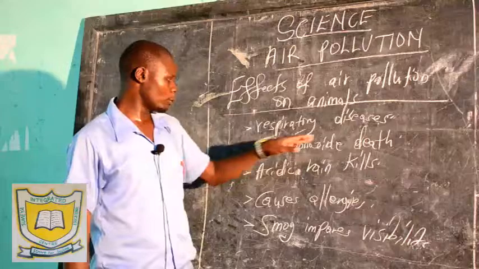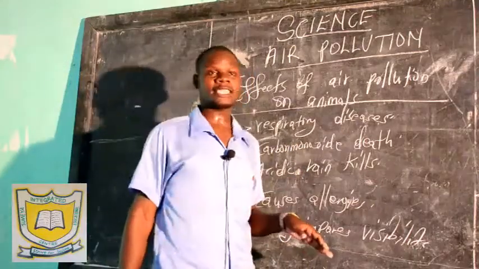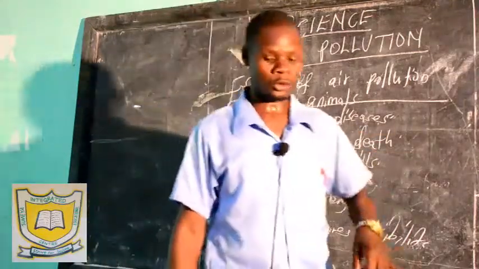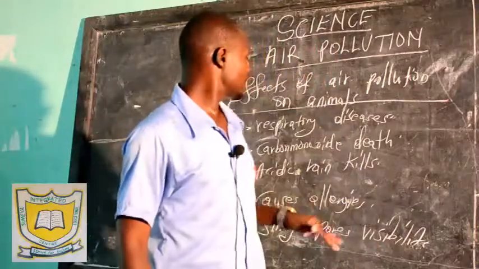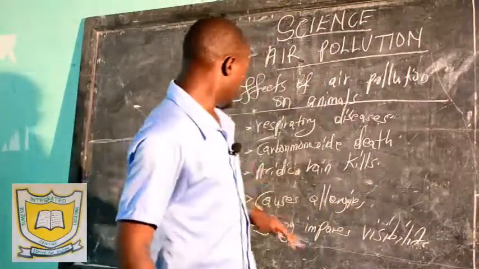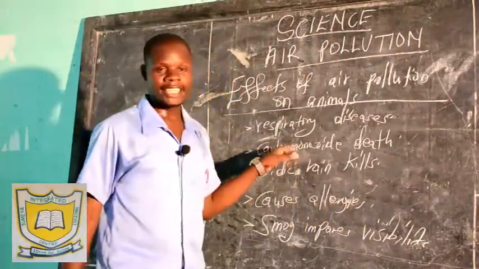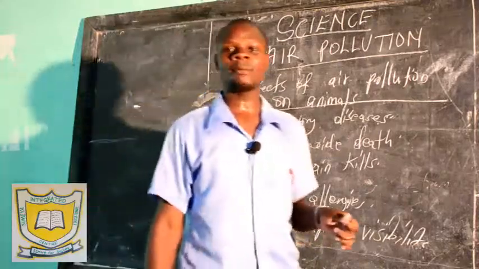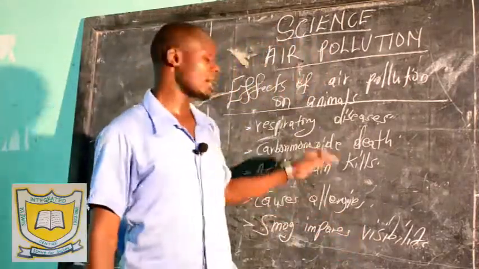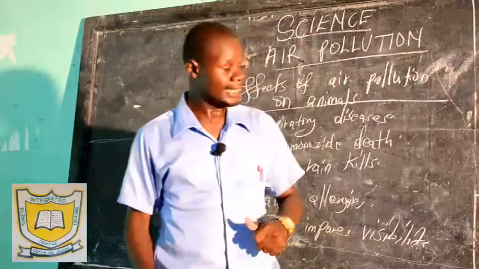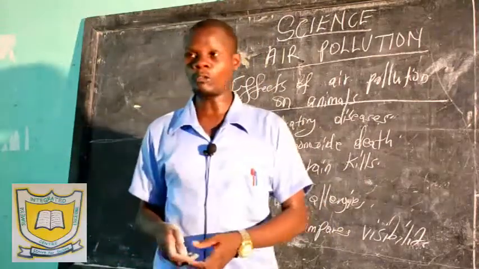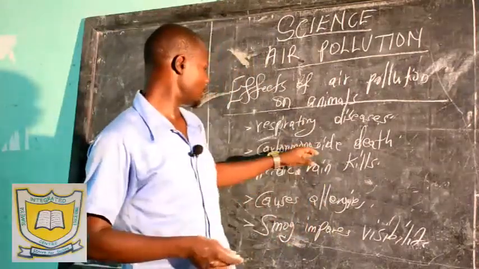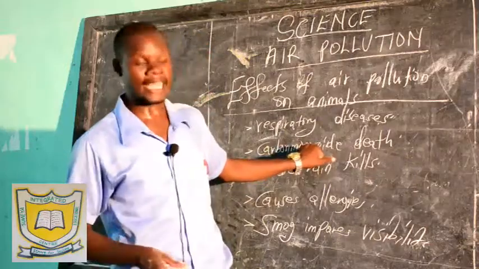Number 2, we have carbon monoxide. We said carbon monoxide is a poisonous gas, and it is produced by burning fuels such as diesel and petrol. It combines with hemoglobin in the red blood cells, which forms carboxyhemoglobin that hinders transportation of oxygen, which is very important in our bodies. So it causes death.